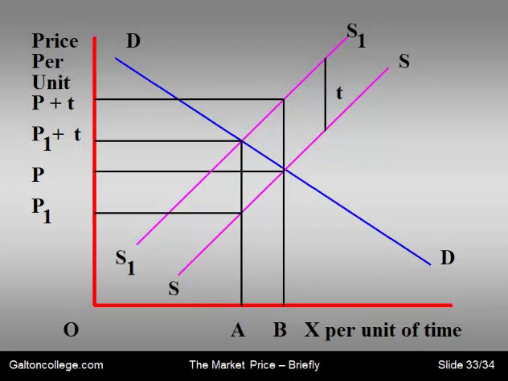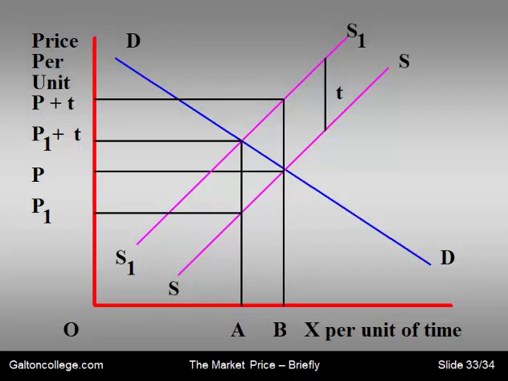Let me just put the cursor onto here. That's the initial equilibrium price, and B is the equilibrium quantity. Now, let's say the government imposes a tax on the product.